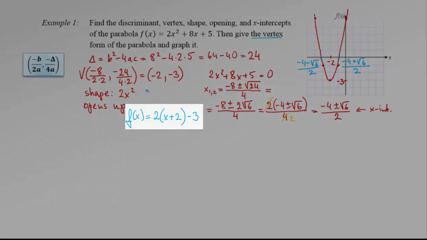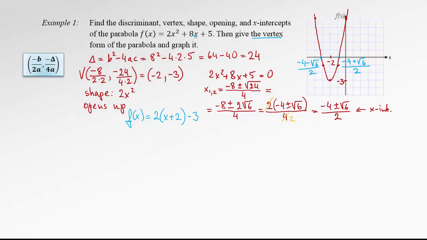That's the vertex form of our original function. Notice that we obtained this form without using the completing the square procedure, which means there are at least two ways to obtain the vertex form, either by completing the square or by using the information about the vertex.